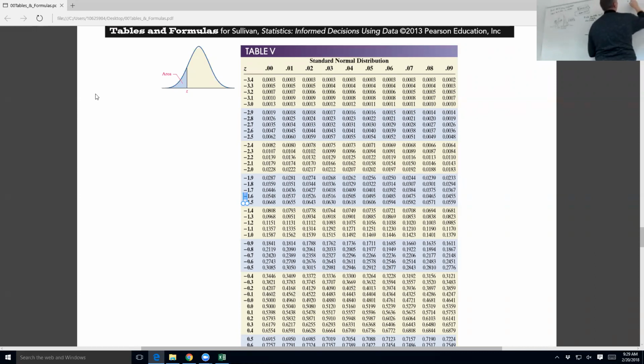And I want you to find the probability that a toddler is between 35 and 40 inches tall.